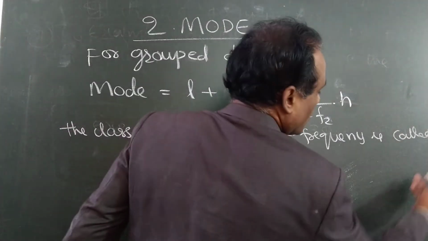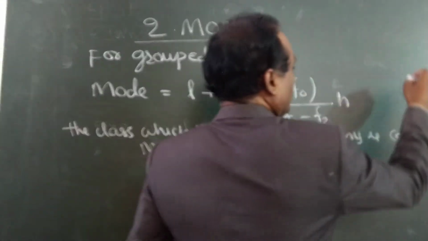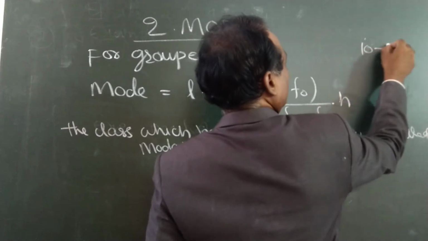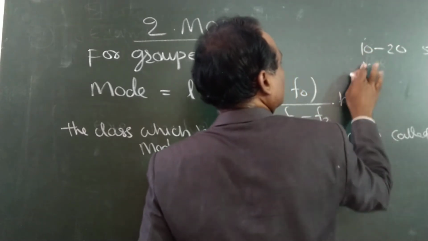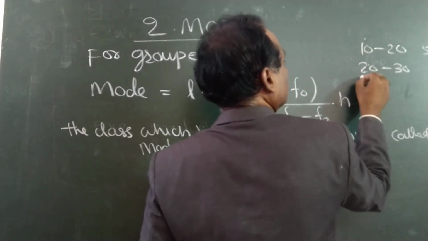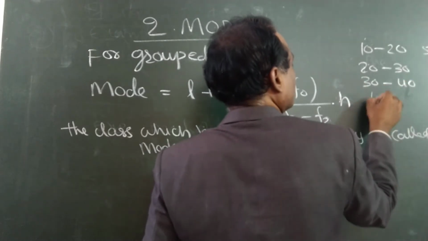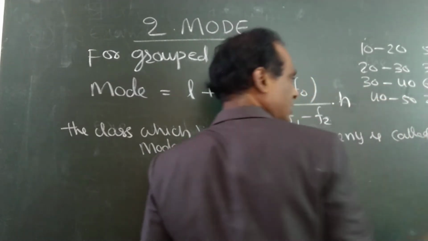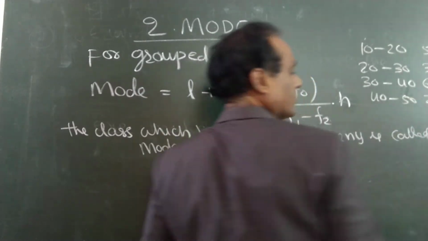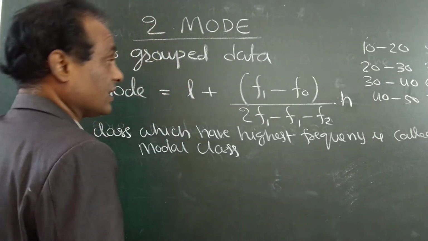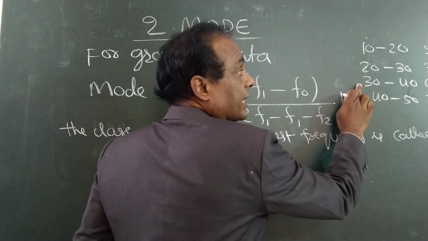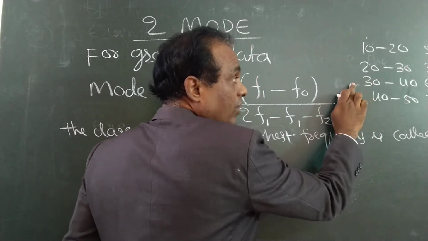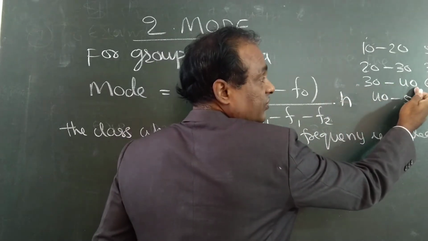After deciding the modal class, say for example, this is the modal class. Here the lower boundary and lower limit are both the same. The lower boundary is 30, the upper boundary is 40.